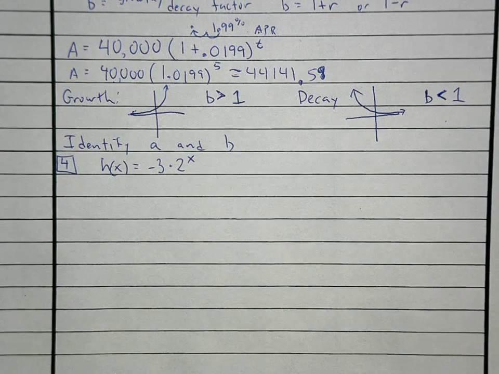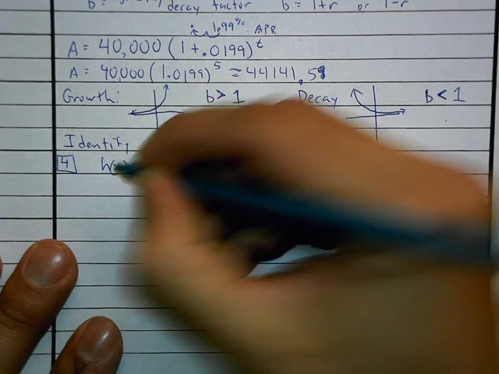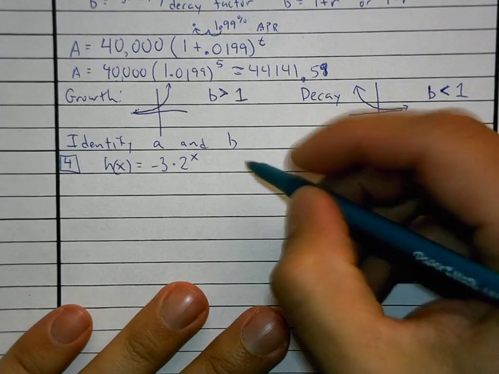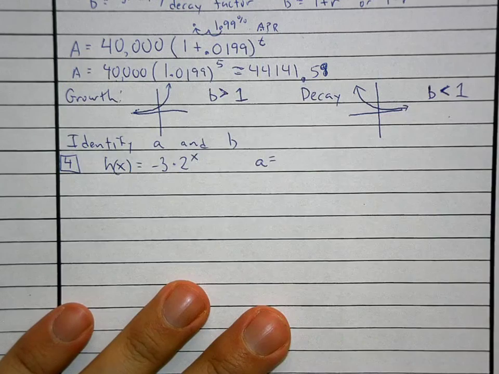For number 4, it says h of x is equal to negative 3 times 2 to the x power. All you have to do on number 4 is figure out what is A and what is B. Now, I believe you can do that very easily.